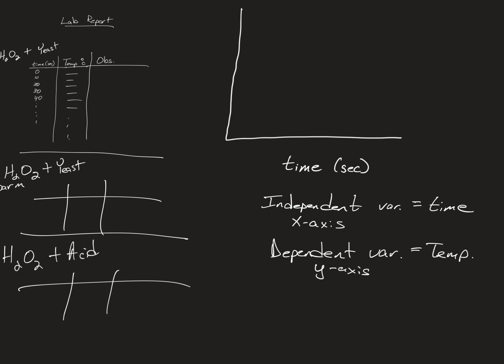But the question is this: which one depends on the other? Ask yourself, if I change the temperature, will it change the time? So time is never dependent on anything else. Time goes on no matter what we do. So it's always the independent variable.